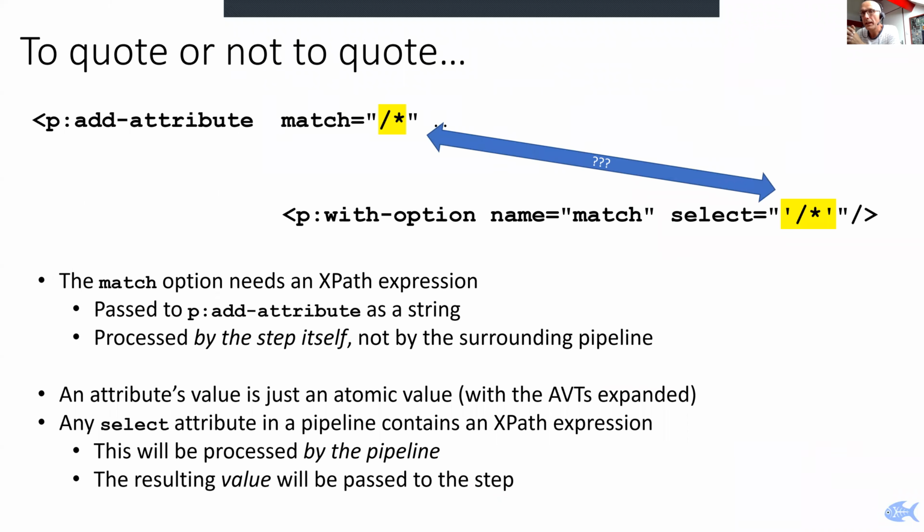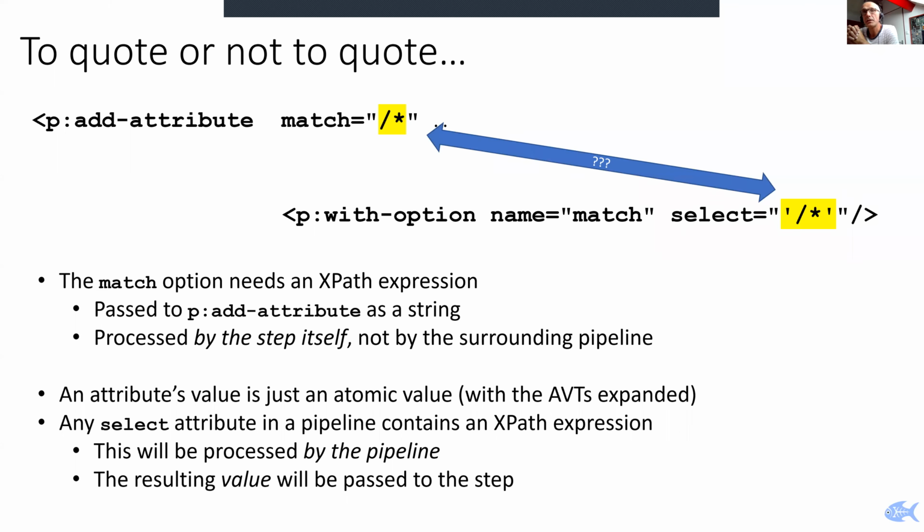There is a gotcha here, and we need to talk about it, unfortunately. Let's have a look at the match attribute. You might have noticed that in the attribute case, it was unquoted, it's just match equals /star. But as soon as you use p:with-option, the value is quoted. It's a select and then /star within single quotes. Why is that?